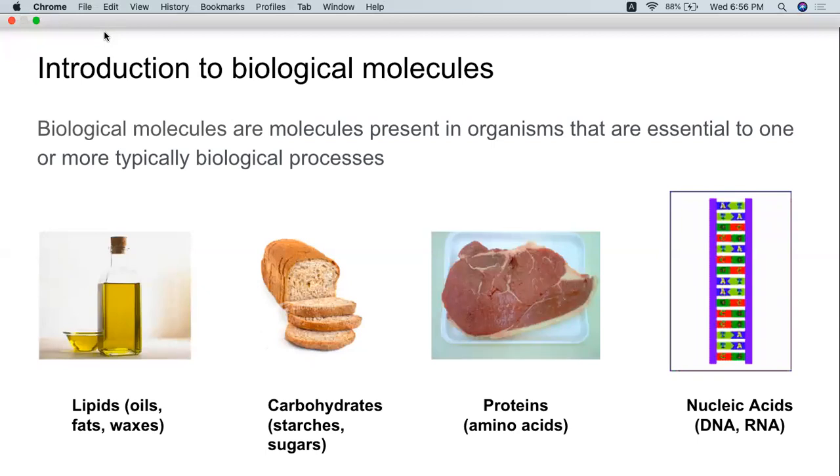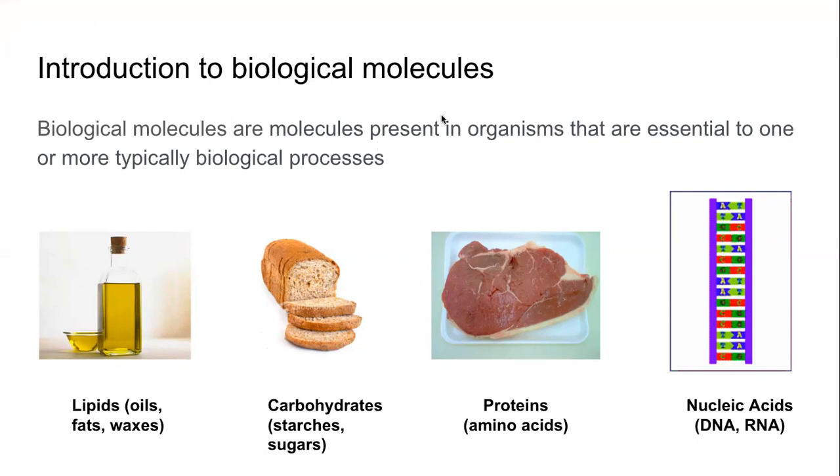And in this class, we'll be talking about lipids today, which consist of oils, fats, and waxes. We will be discussing in the next lecture carbohydrates. These are starches and sugars. We'll also then be talking about proteins, and then we're going to end with nucleic acids such as DNA and RNA.